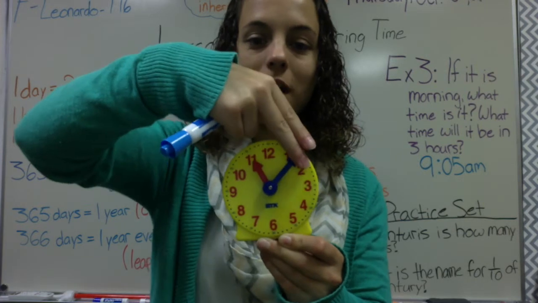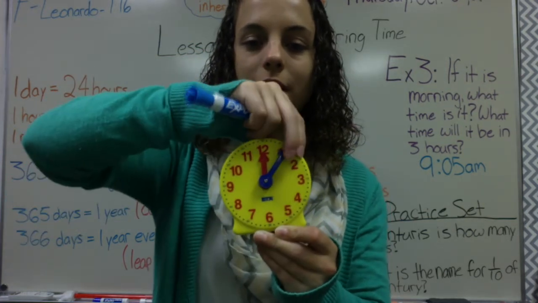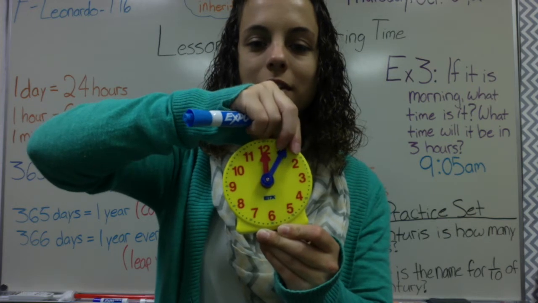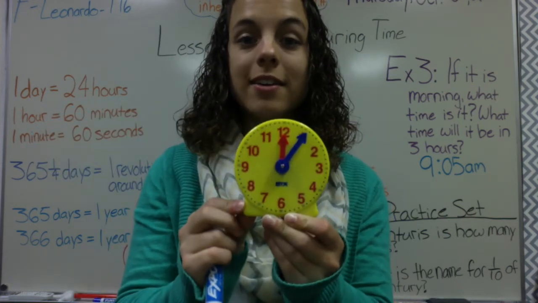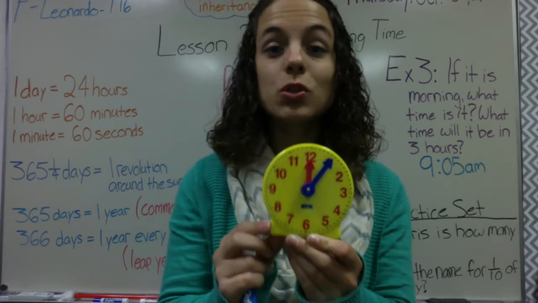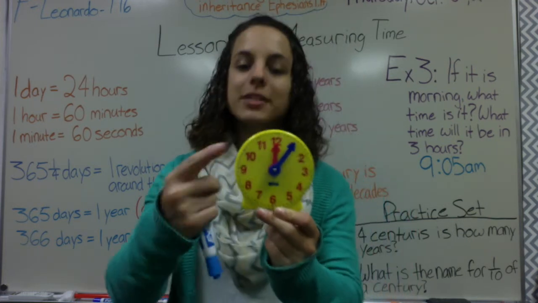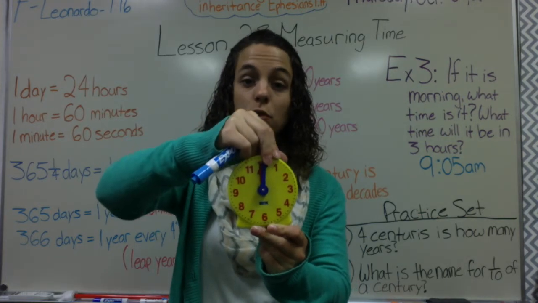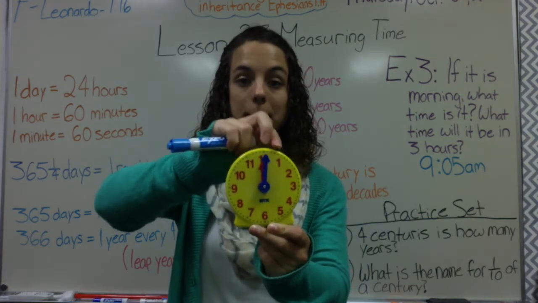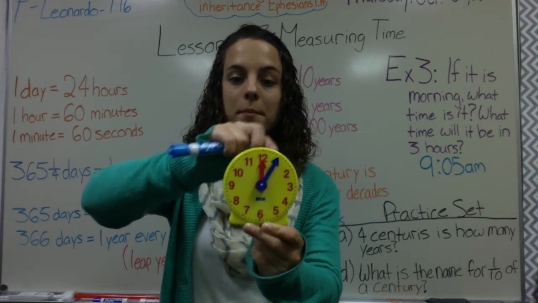There's 2 hours and 3 hours, off a little bit. There we go. So what time would it be? It would actually be 12:05 p.m. because if it's morning at 12 o'clock, it's now noon. It's 12 p.m. So 5 minutes after, we're still in the p.m. time span.